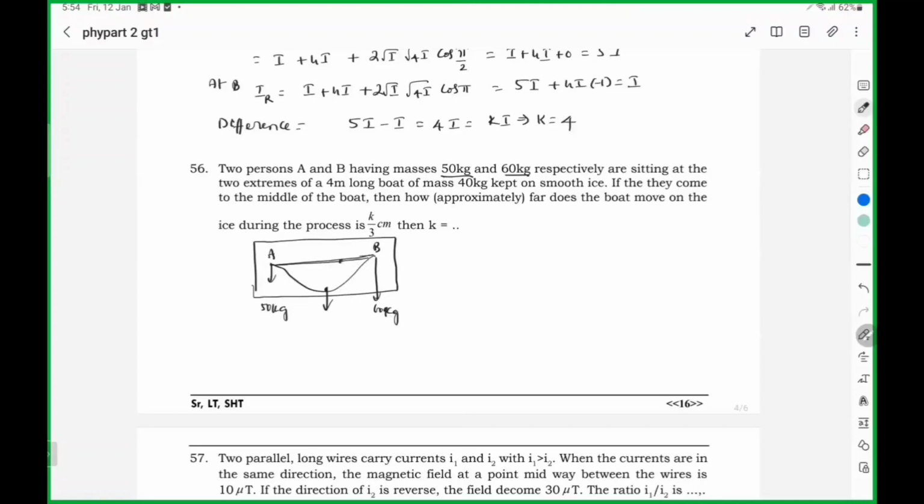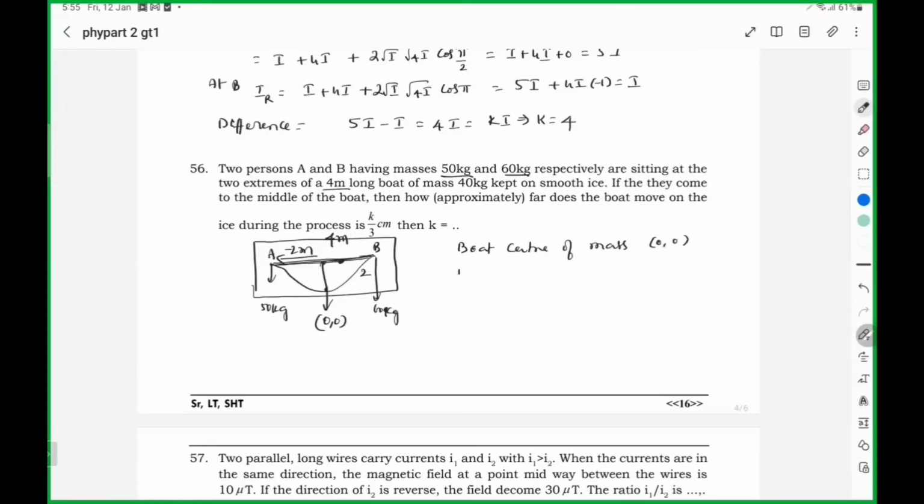So the center of mass will obviously be toward the heavier body. If you assume this as reference point 0, the length he has given is 4 meters. So this will be at minus 2 meters, both centers of mass, considering it as origin.